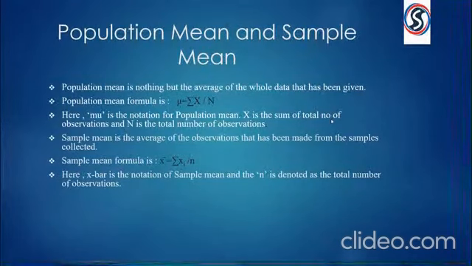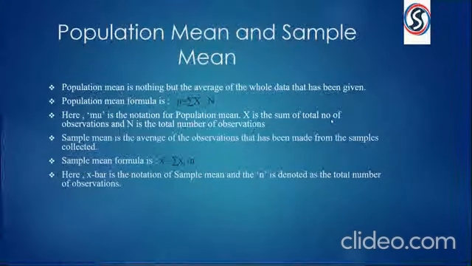In summation of x by capital N, the numerator is the sum of all the observations, and N is the total number of observations. N is the total number of data we have, and the numerator is the sum of all the observations that we have. By this we can compute the population mean.